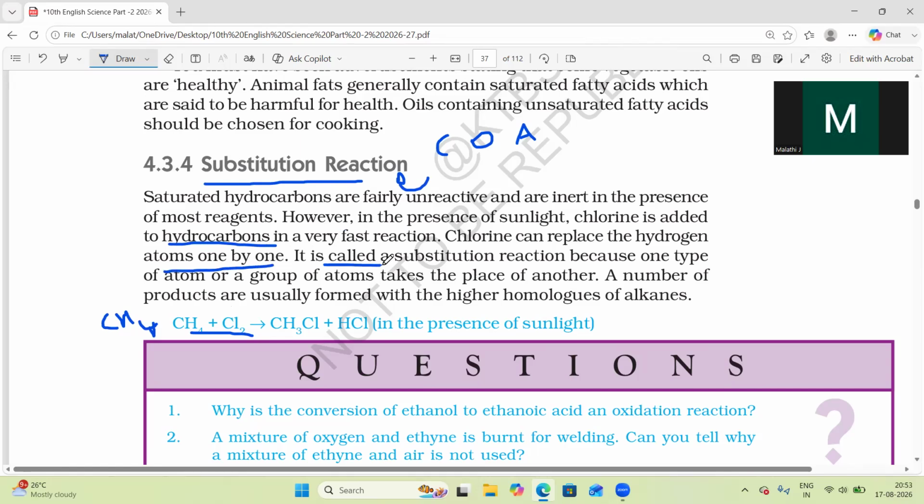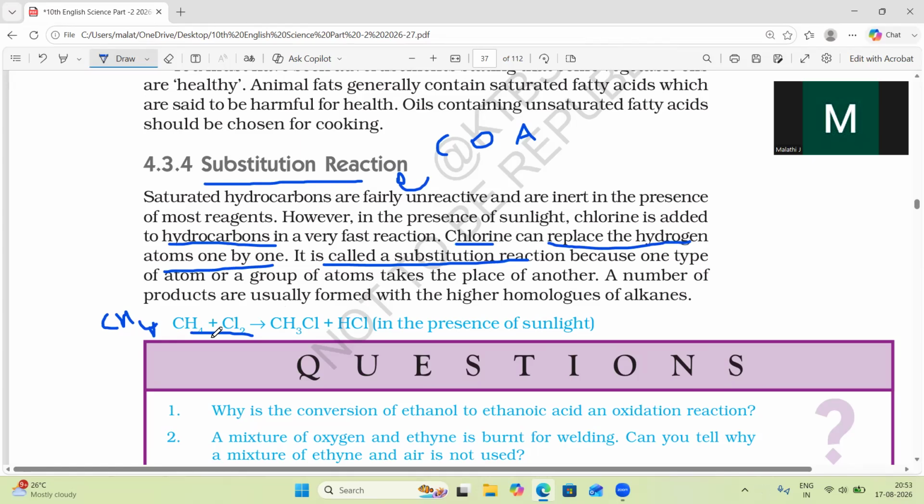This is called a substitution reaction. It means one atom, here chlorine, can replace the hydrogen atom. So any one atom is replaced by another atom. That is a substitution reaction.